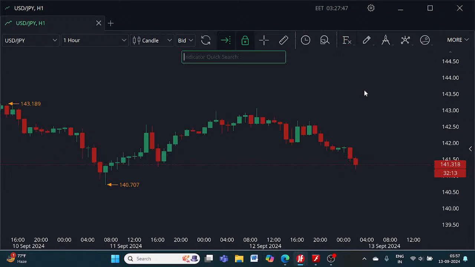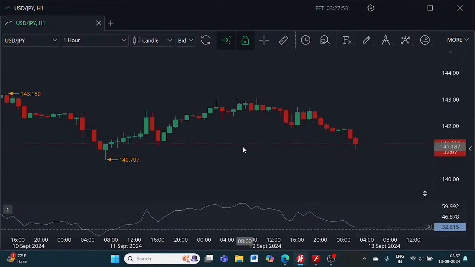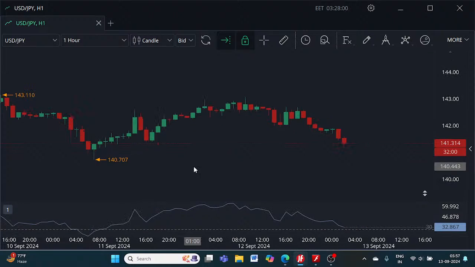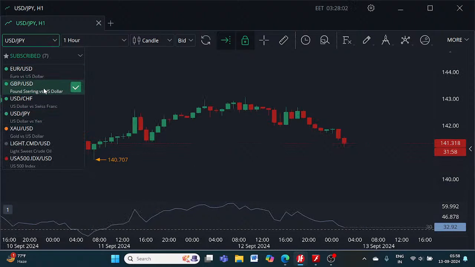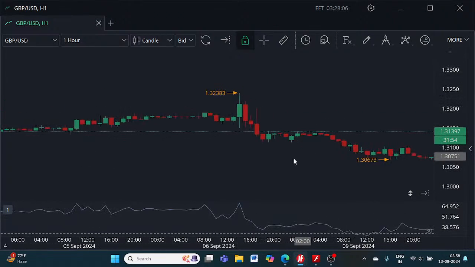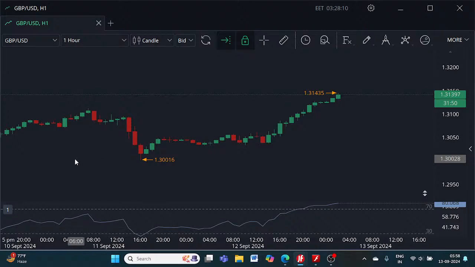You can simply do a quick search to find it. RSI, here it comes. Then there are multiple variants of it as well. We will consider those variants in due course of time. Now that we started the session with the GBP analysis, let us use GBP for the algorithm development in this session.